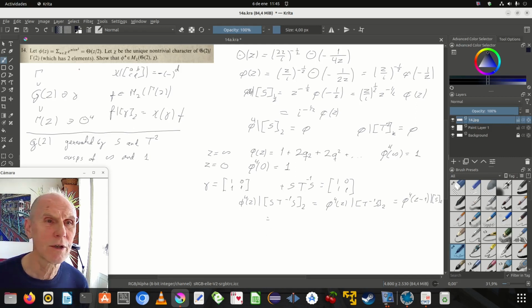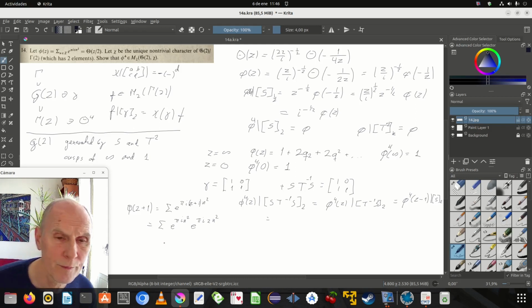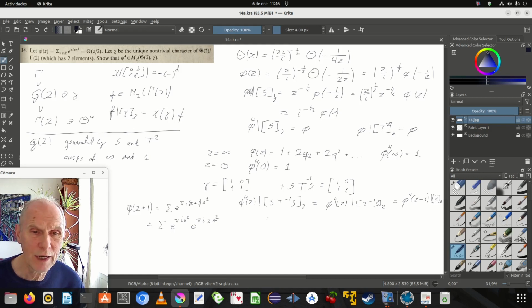So what does that do? We'll just write it over here. Minuscule theta of z plus 1 equals, this means that the odd n change sign and the even n are retained.